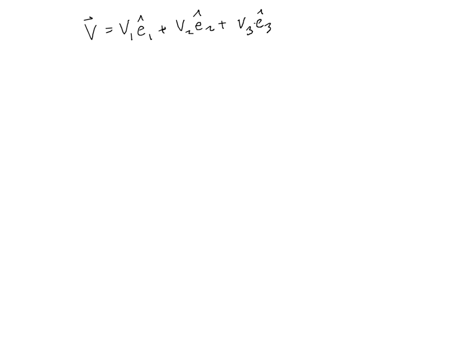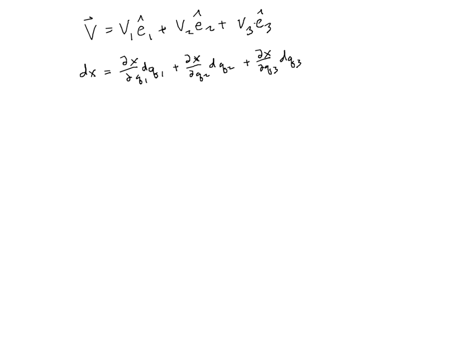And you can differentiate by going dx is equal to partial x with respect to q1 dq1, plus partial x with respect to q2 dq2, plus partial x with respect to q3 dq3.